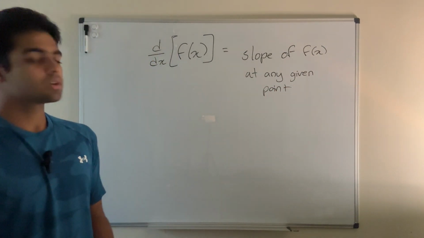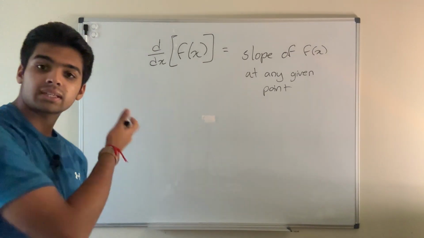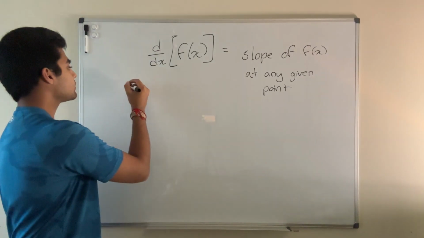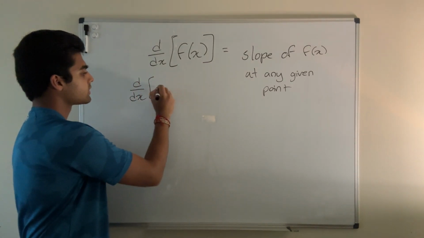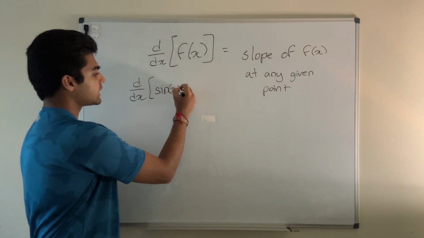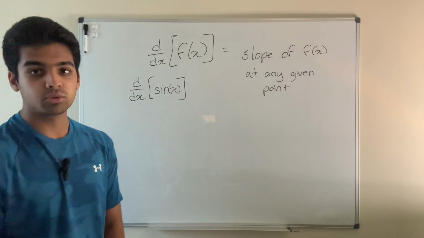Okay, so let's say that f of x equals sine x, right? And we wanted to find the derivative of sine x. Now, I already told you that it is cosine x. That was kind of a spoiler, but we're actually going to prove it now.